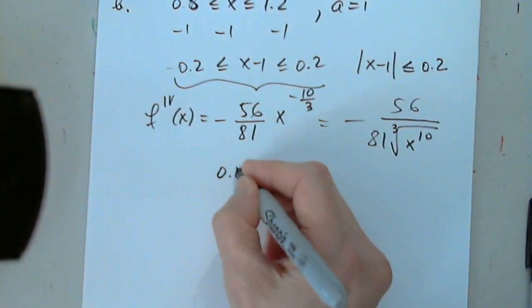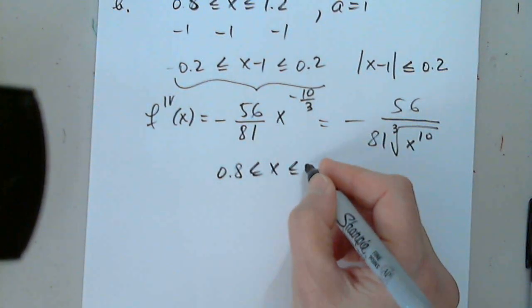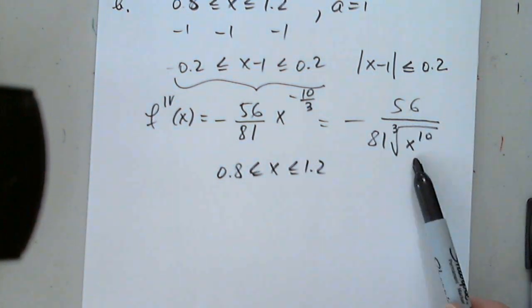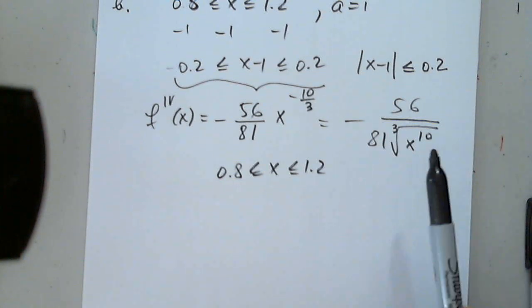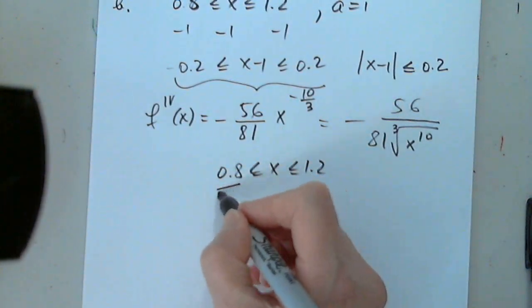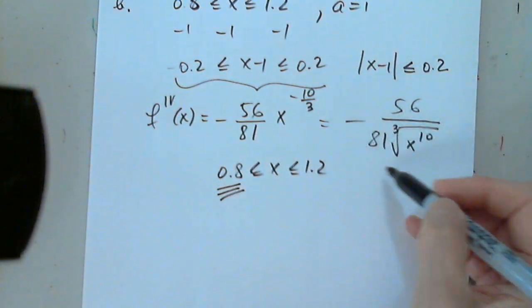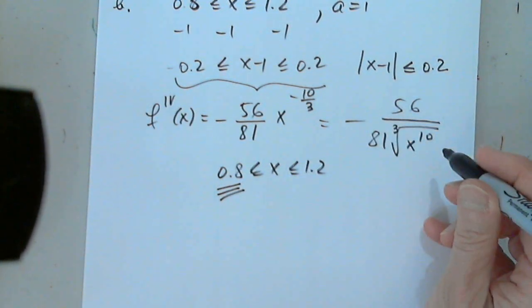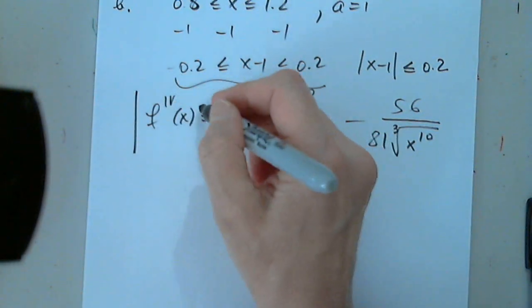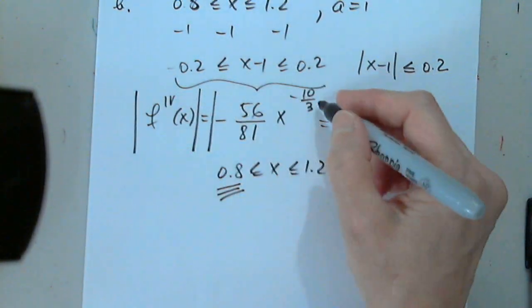For the interval 0.8 less than or equal to x less than or equal to 1.2, notice that since this function is decreasing, as x increases, this function is decreasing, at 0.8, this function will have an upper bound. In absolute value, so let me put the absolute value because we are interested in the absolute value.